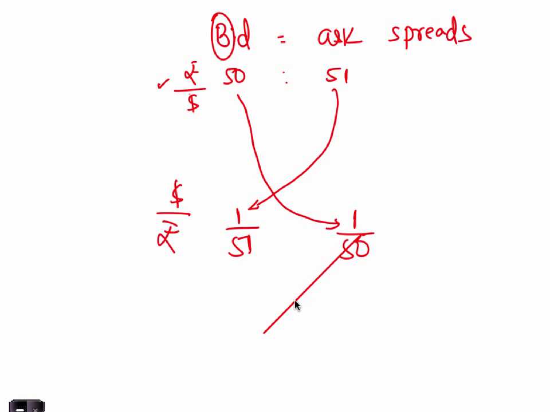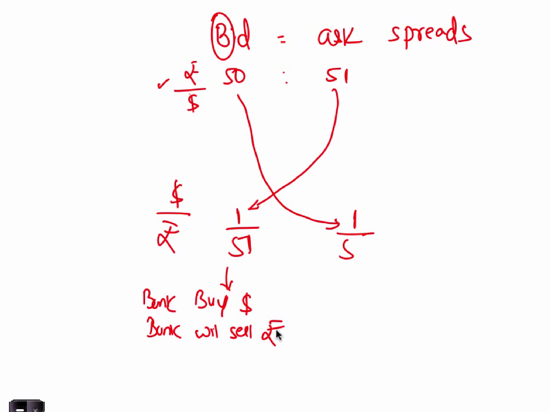Is that fine? And what is the interpretation of this rate? This is the rate at which the bank will buy dollars. This is also the rate at which the bank will sell rupee. Once you've inverted, this is the rate at which the bank will buy dollars.